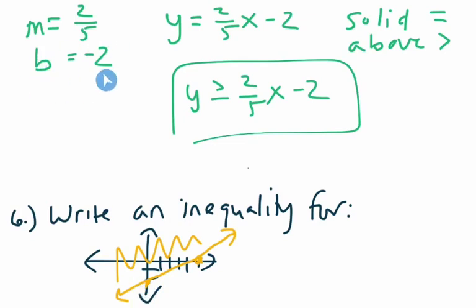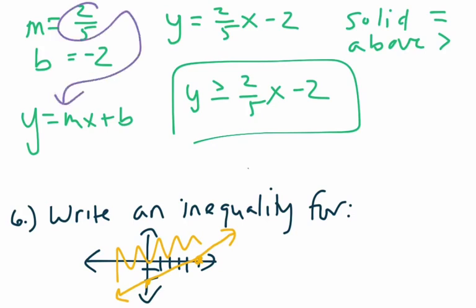So we know the y-intercept is -2. So if I've got y equals mx plus b, I can just plug in the 2/5 and the -2, which gives me the equation for the line. That's not quite the answer, because not only do we have the line, but we have all of the points on one side.